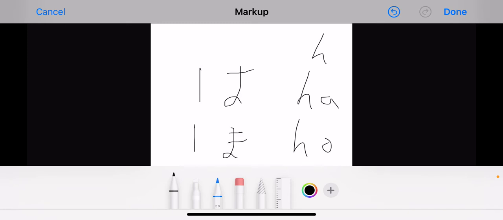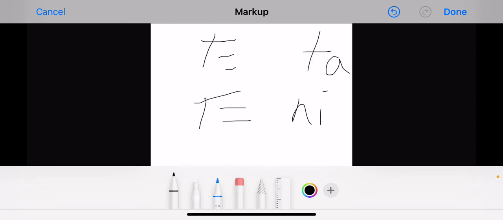So yeah, that's that. Other pairs we can look at are ta and ni. Ta kind of looks like this, and ni is like a downgraded version of ta. So it's like ta but without the roof.